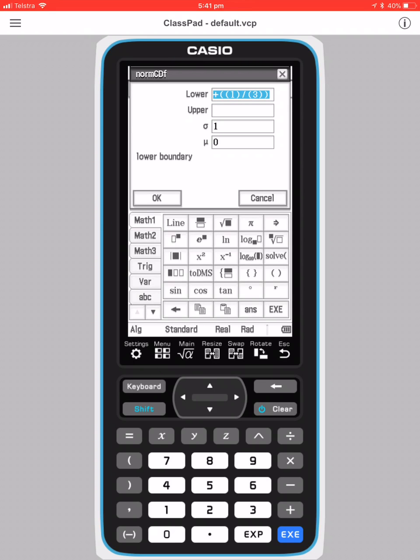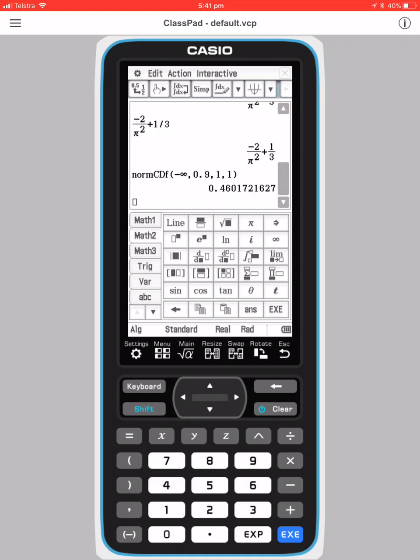Okay, I don't want that value there, I want that value. So my lower is negative infinity, my upper is 0.9, and my mean is 1.